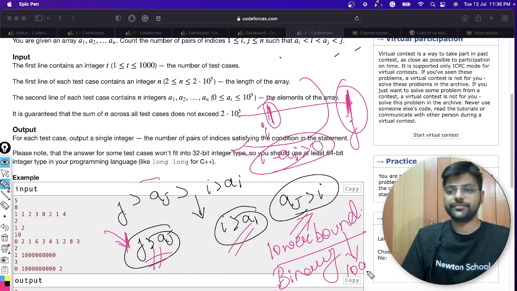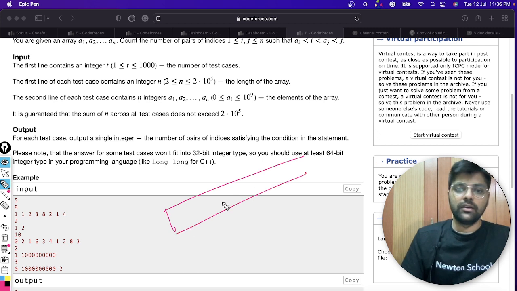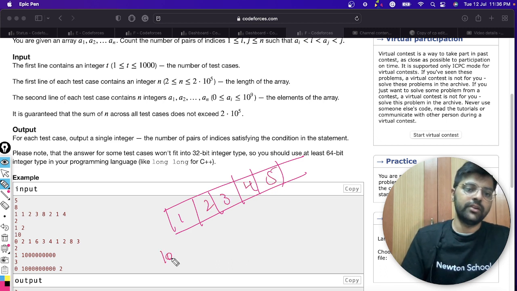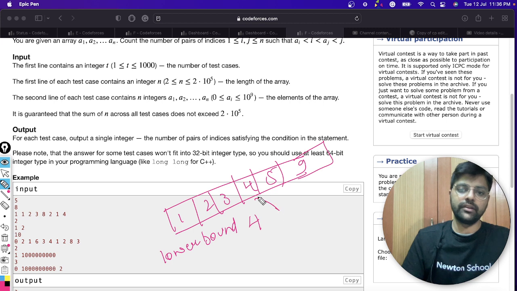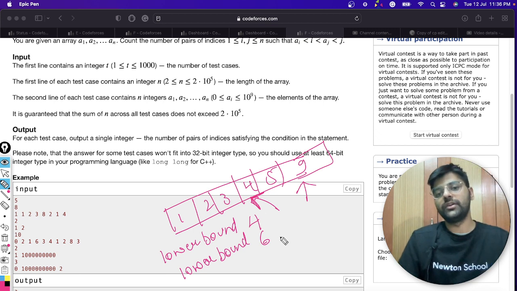What is lower bound? If you take an increasing vector, let's say 1 2 3 4 5, or let's say 5 and 9, and we are finding lower bound of 4, it will give me an iterator pointing here. If I have lower bound of 6, it will point to the integer that is just greater than or equal to it.